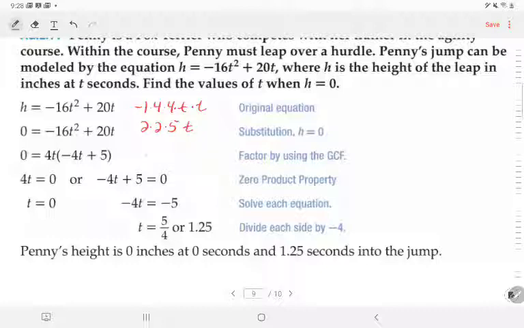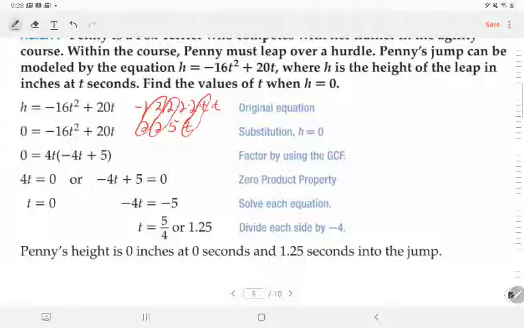Well, actually, this should be 2 times 2 times 2 times 2 times t times t. Now, I have 2 2's and 1 t, so I can factor out a 4t. When I factor out a 4t, that leaves me with -4t plus 5.